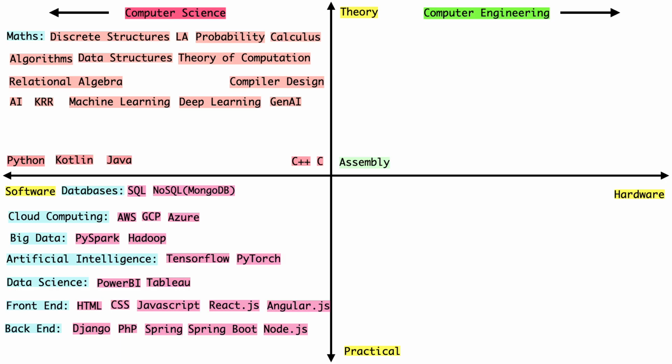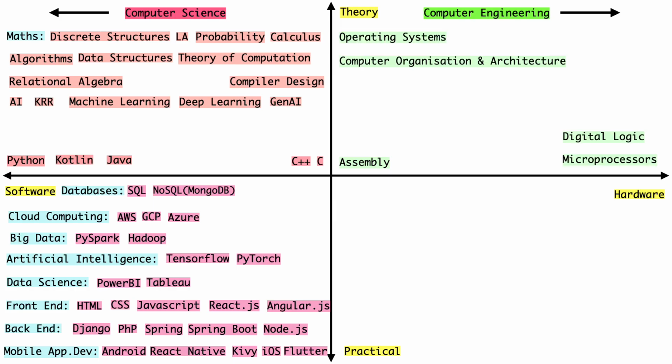The backend can be developed using frameworks like PHP, Django, Spring Boot, and Node.js. And mobile app development can be done using Android or cross-platform technologies like React Native and Flutter, and iOS apps. So these are the more practical and software-oriented courses which we study as part of computer science.